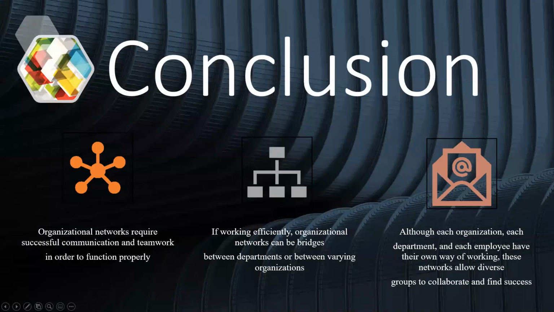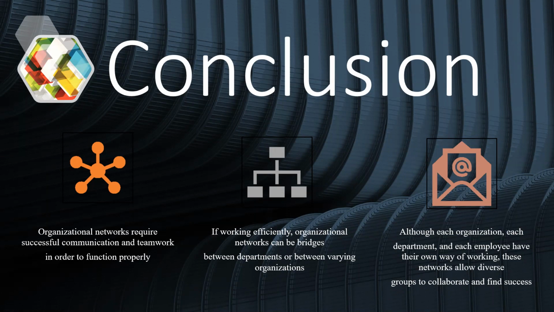So in conclusion, we've discussed and we now know that organizational networks require successful communication and teamwork in order to function properly. If working efficiently, organizational networks can be bridges between departments or between different organizations.